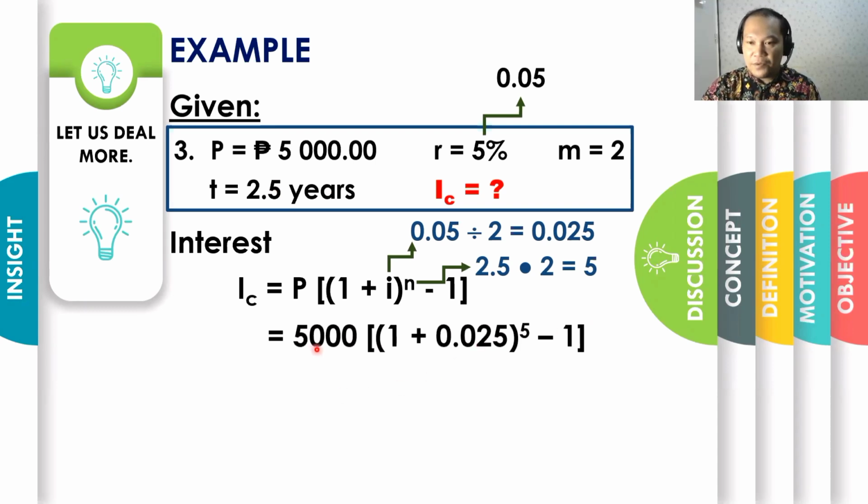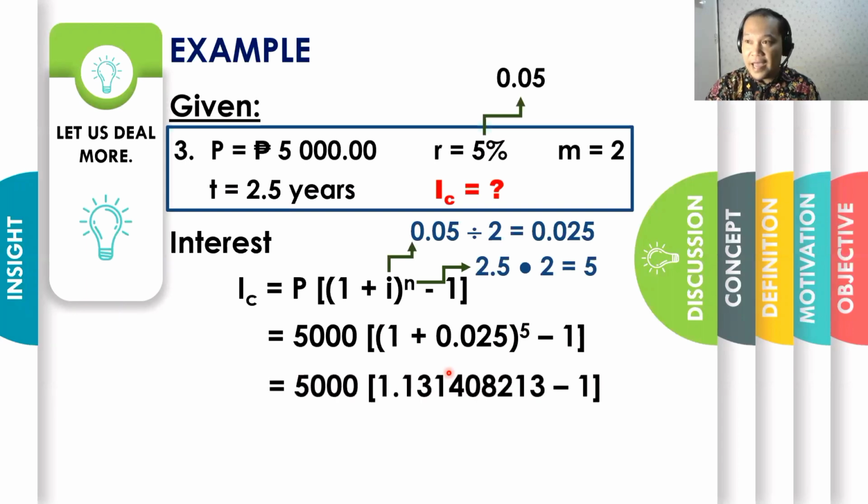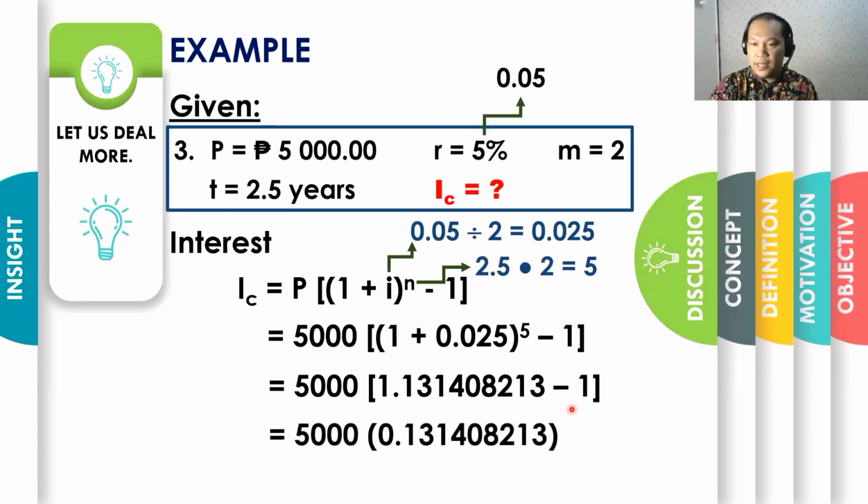We have 5,000 times, open parenthesis, 1 plus 0.025, closed parenthesis, raised to 5, minus 1. Then add the 1, that will become 1.025 raised to 5. And then get the value, that will become 1.131408, then minus 1.